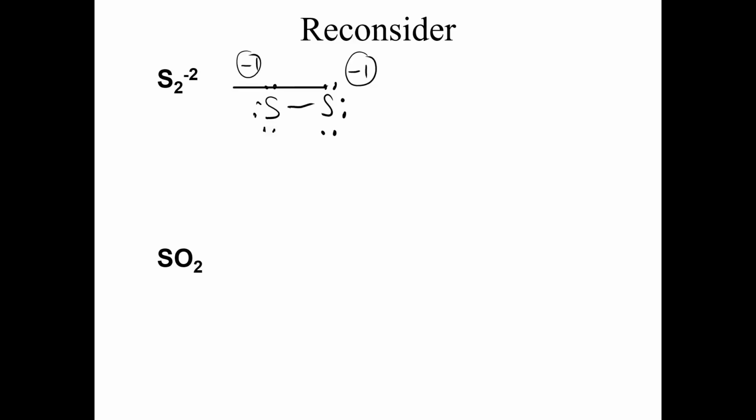And SO2, we drew like this. We had 1 double bond and a lone pair. See, this is like ozone. Except now when this pair pushes to make a double bond, it stays.